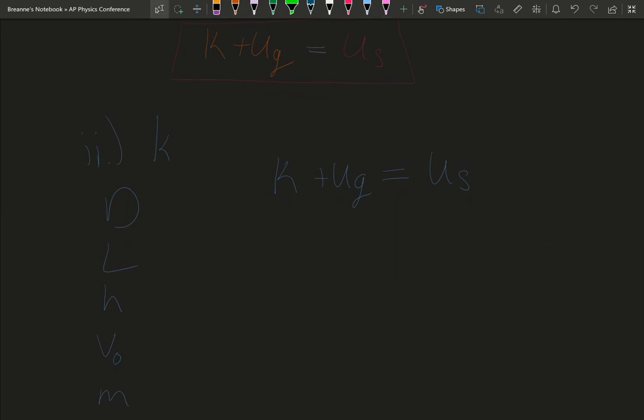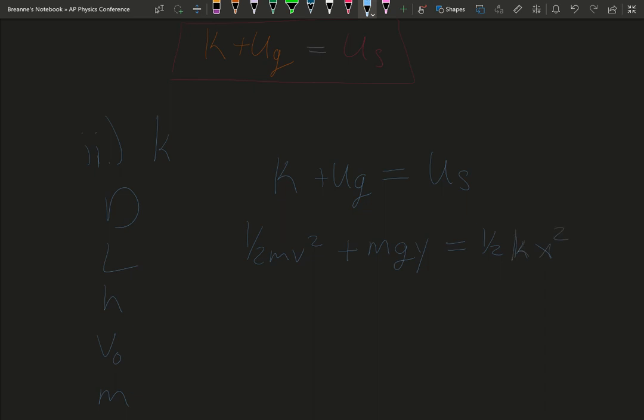So our K is just 1/2 mv squared. Our gravitational is just mgy. And our spring is 1/2 little k x squared.